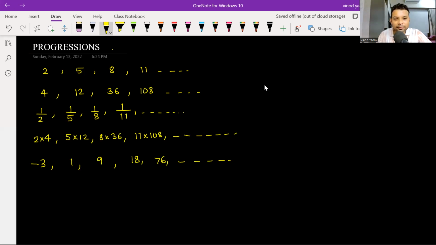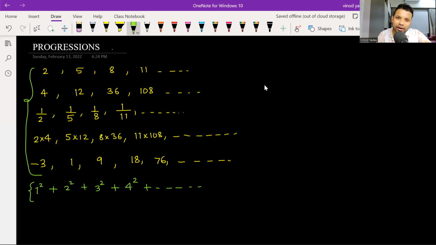All these are sequences because there is a comma present there, and in this one I have replaced the comma by a plus sign. So this is called a series. Simple as that.